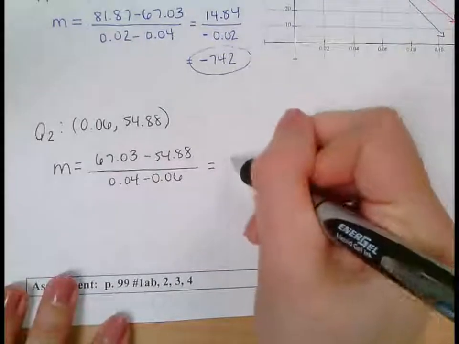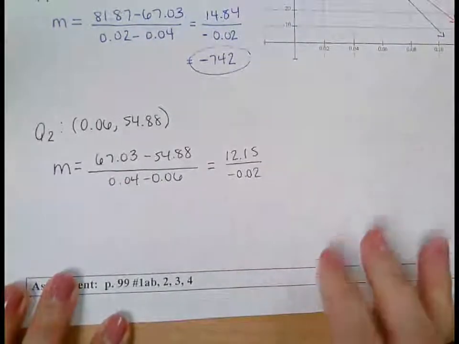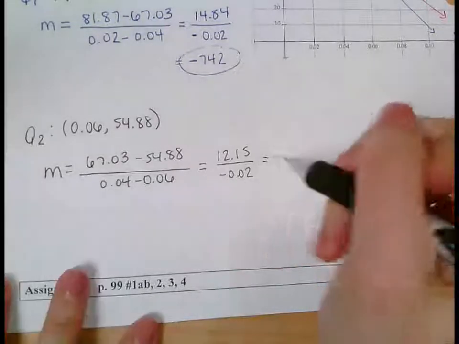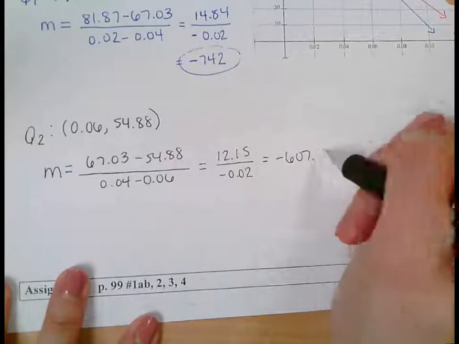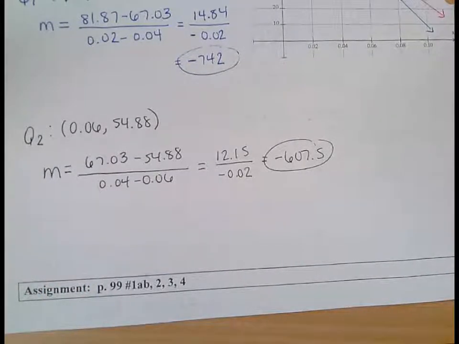So that's a change of 12.15 over a negative 0.02. So negative 607.5 is another estimation.